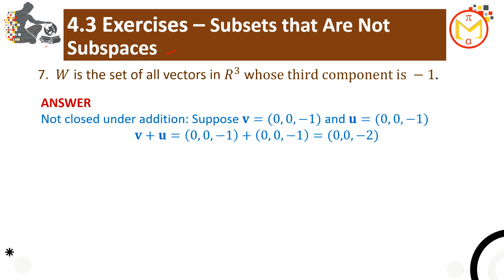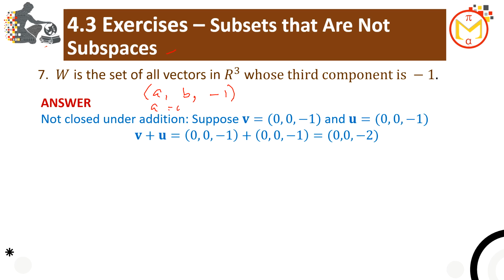It is not closed under addition because it says here the set of all vectors whose third component is -1. So you can have 0, 0, -1. This is an example.